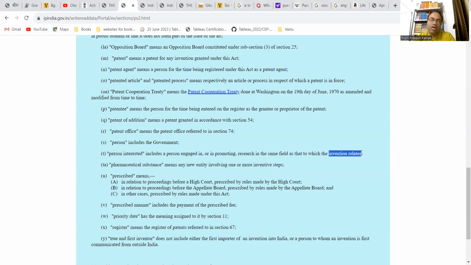Whenever we see a patent application, it will be written that this invention relates to something. That is very important. So whenever a person's activity or research also relates to the same field, those persons are called persons interested.